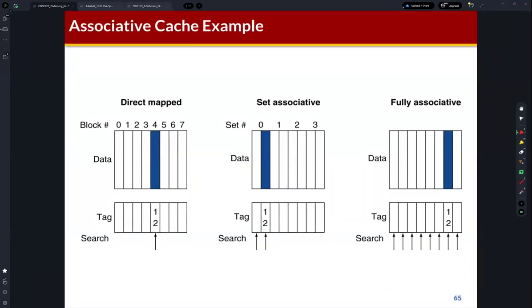Let's see an example. This example shows a cache that has 8 blocks. The same number of blocks are allocated to the cache. In the direct mapped cache, a single block is mapped to multiple memory blocks. You can think of this as the set, but in a single set there is only one block.